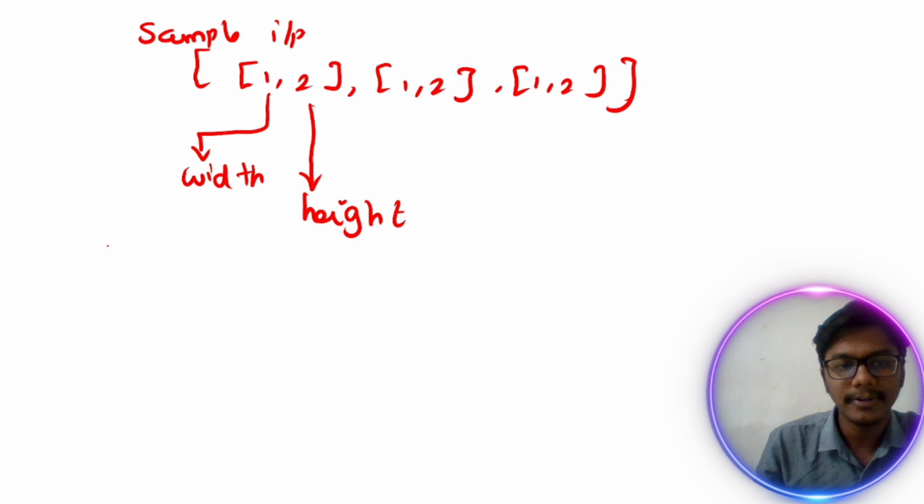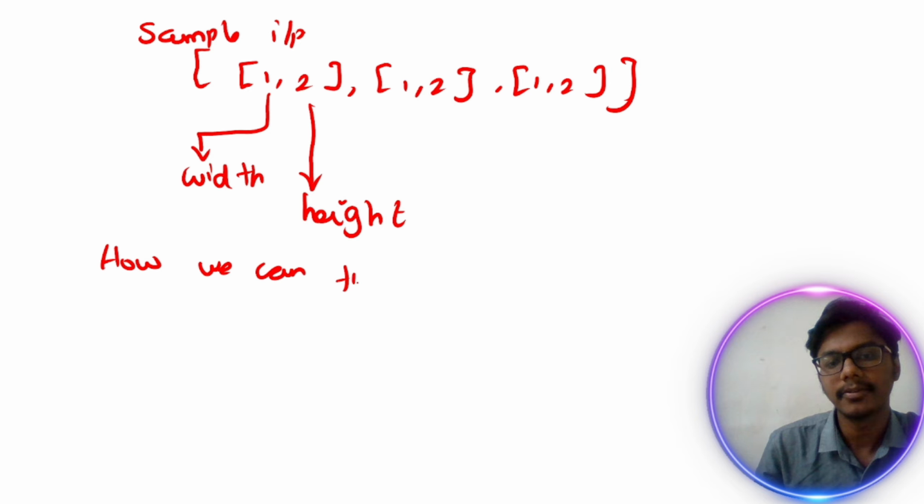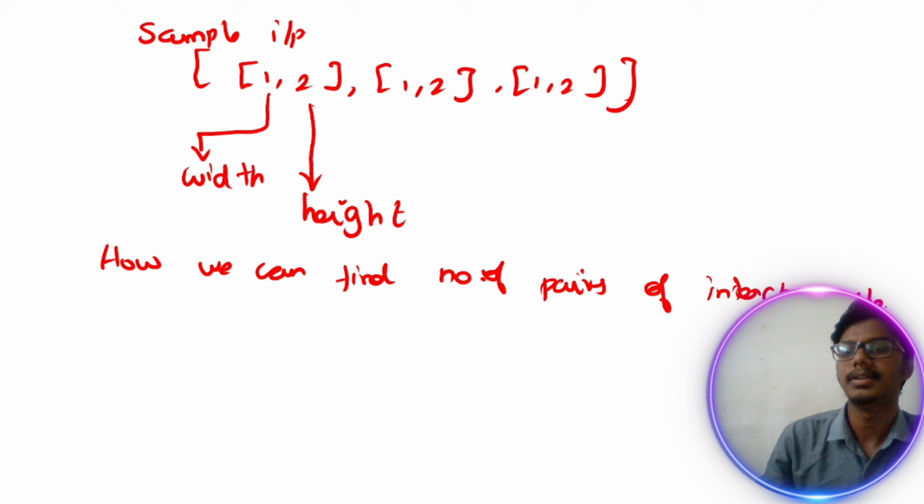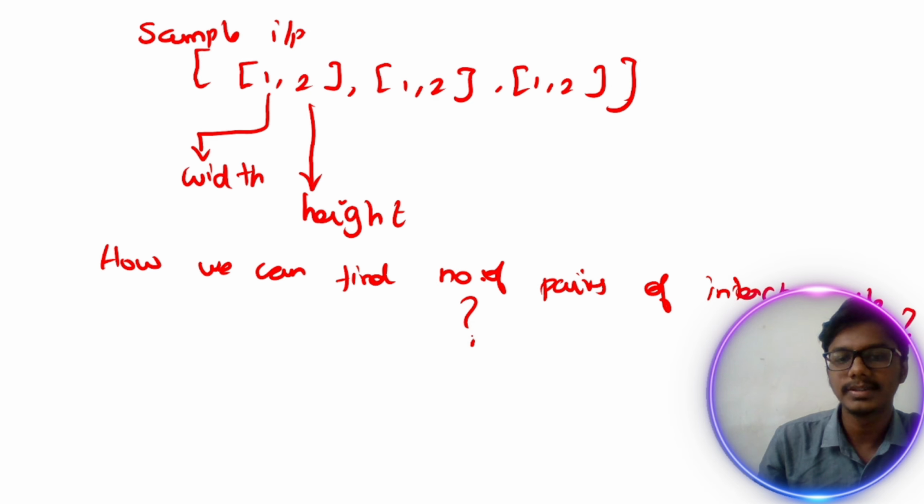So how can we find the number of pairs of rectangles that are interchangeable? That's the only thing we want to find. Think about it, guys.